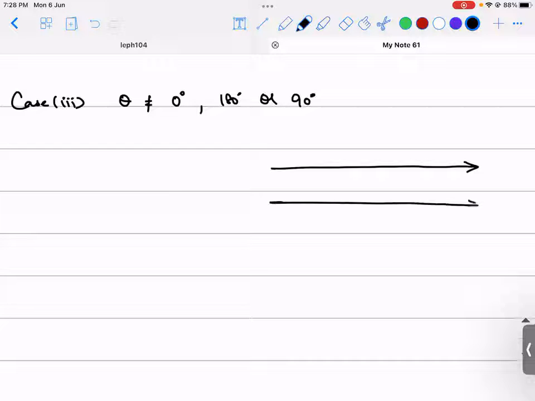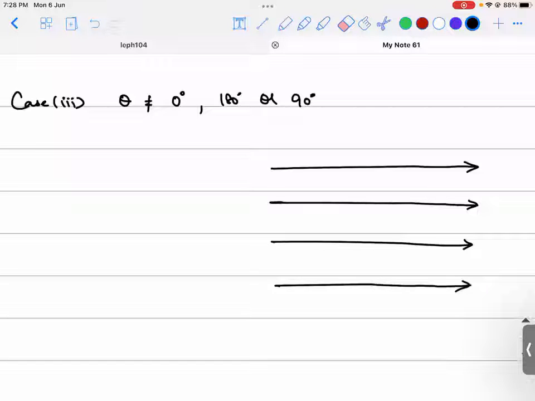So if I take a uniform magnetic field like this, and if the charged particle is projected at an angle theta with respect to the magnetic field, then what will happen is this V can be resolved as V cos theta and V sin theta.